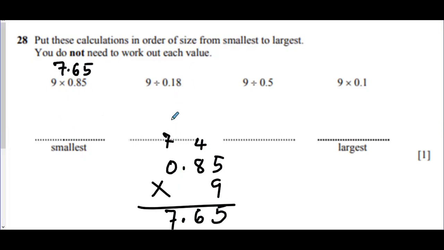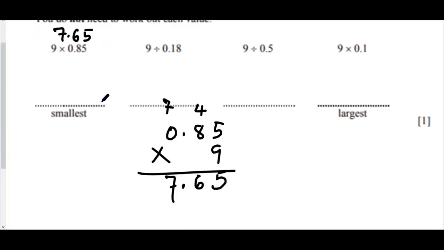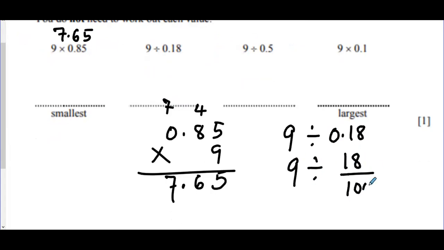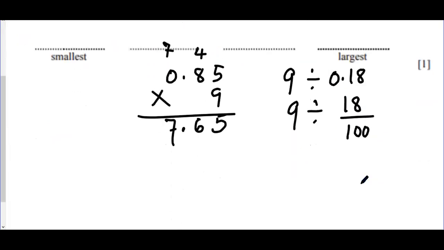Now, when it comes to this question, 9 divided by 0.18, what you simply do is convert this decimal to a fraction. So this will be 9 divided by 18 over 100. This is a whole number, so do it over 1, and then you do the reciprocal.